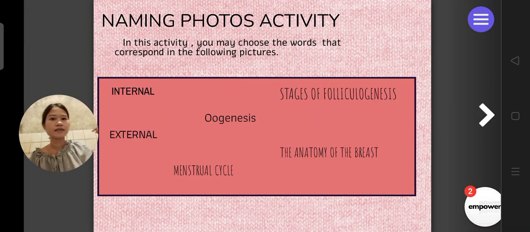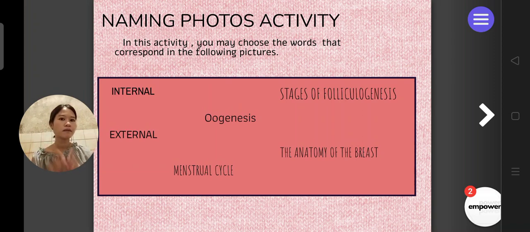So, second activity is naming photos activity. In this activity, you may choose the words that correspond to the following pictures. We have internal, external genitalia, stages of folliculogenesis, the anatomy of the breast, and menstrual cycle.